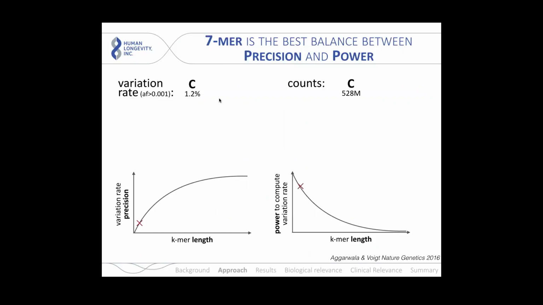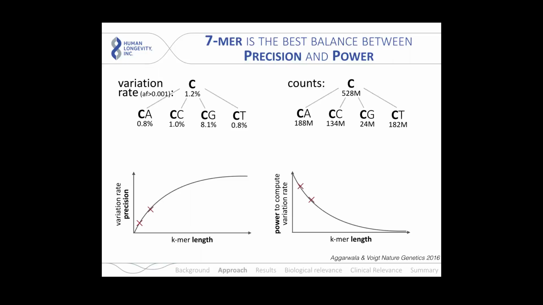For example, if we take all the cytosines in the high confidence regions of the genome, we compute an average variation rate of 1.2%, always with an allelic frequency higher than 1 in 1,000. And to compute this number, we used more than 500 million counts throughout the genome.